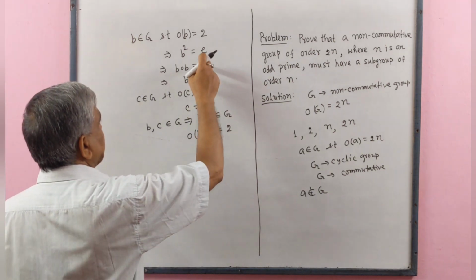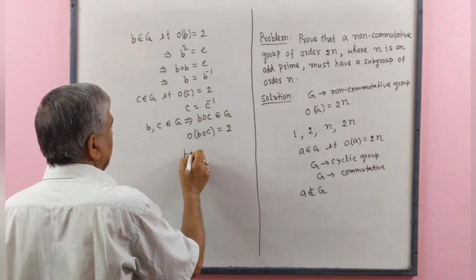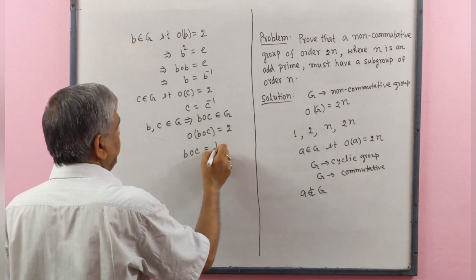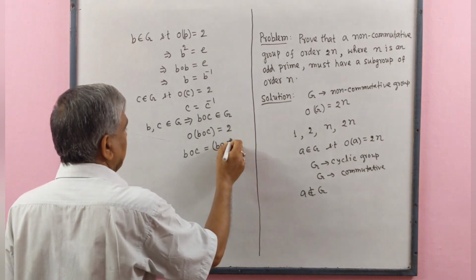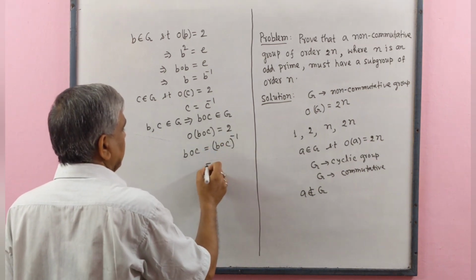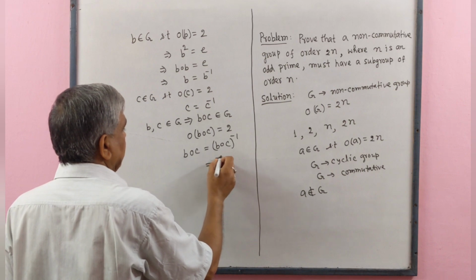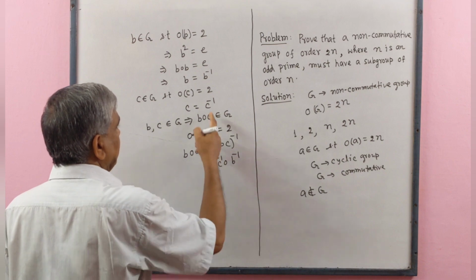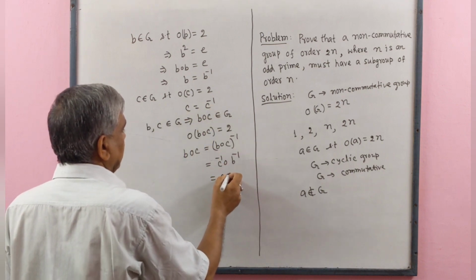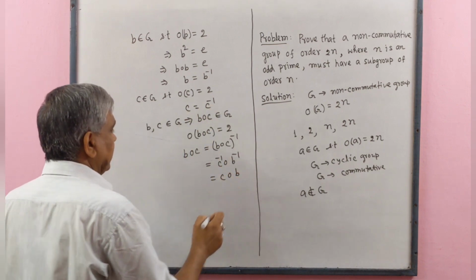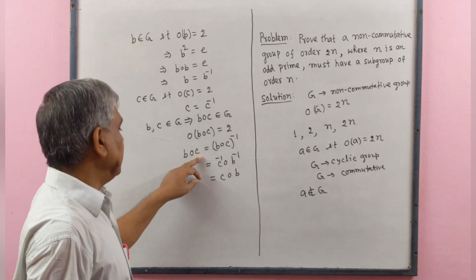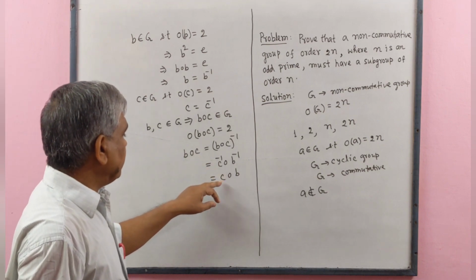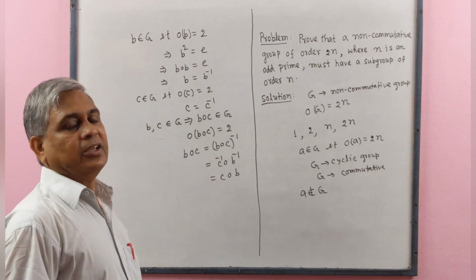And similar to this case, b operation c equals b operation c inverse equals c inverse operation b inverse. c inverse equals c, b inverse equals b. Therefore, b operation c equals c operation b.